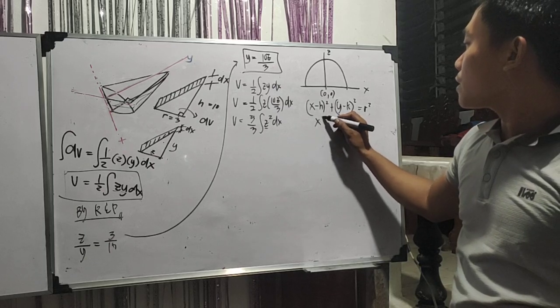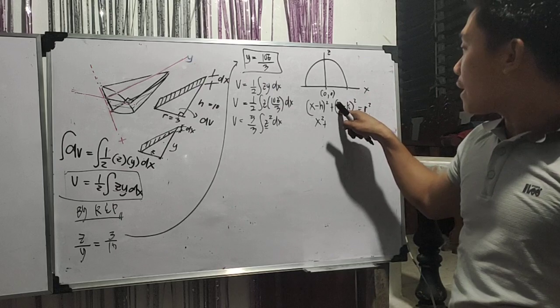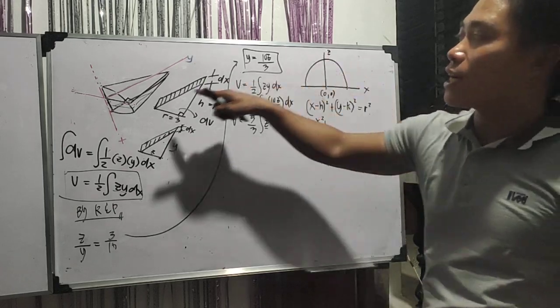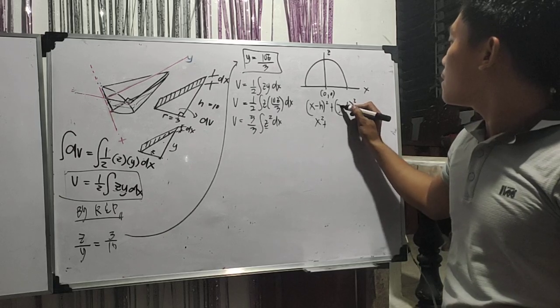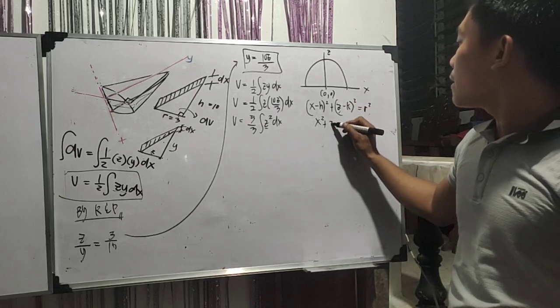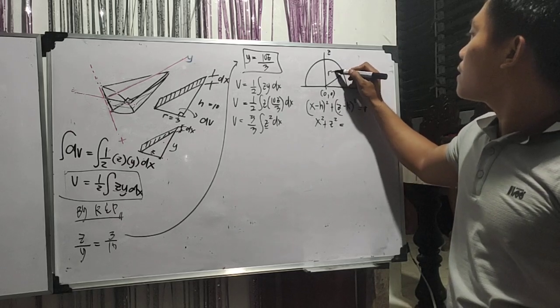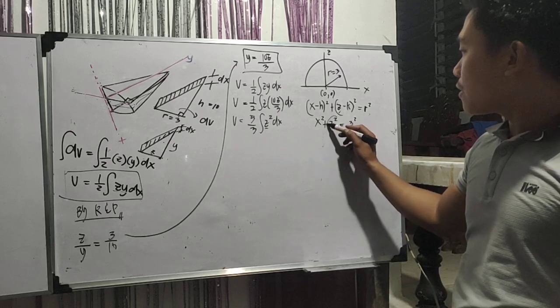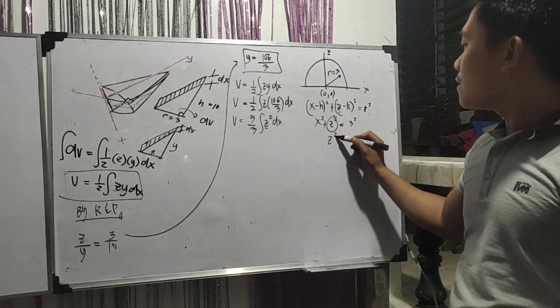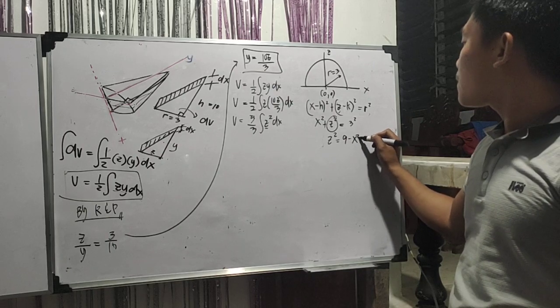So, therefore, ma-reduce ka sa equation na x squared plus y squared. Supposedly, y yan. But of course, z-axis yung ginagamit natin. So, this is z-axis. So, x squared plus z squared is equal to what? Yung radius mo actually is 3. So, this is just 3 squared. And so, therefore, your z squared is simply the radius squared, which is 9 minus x squared.